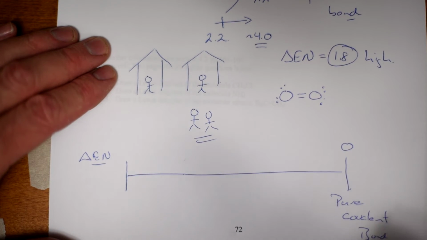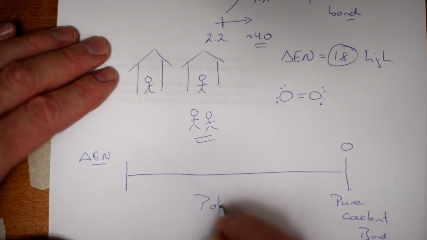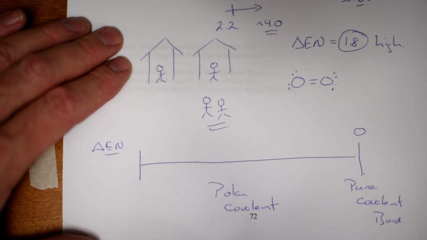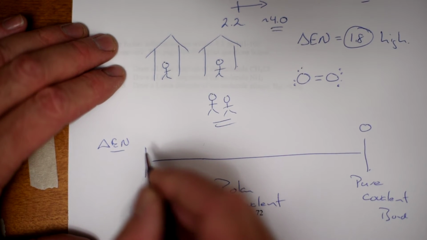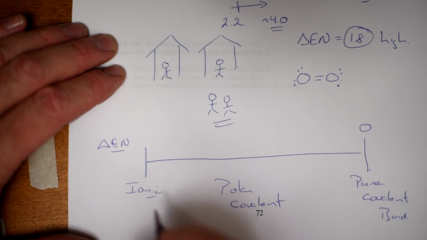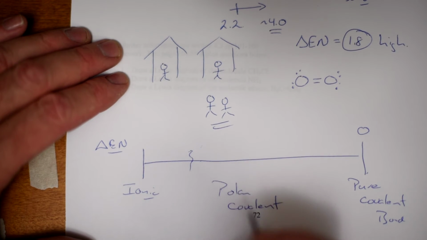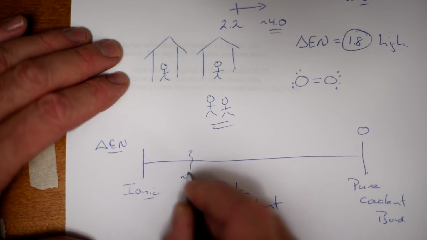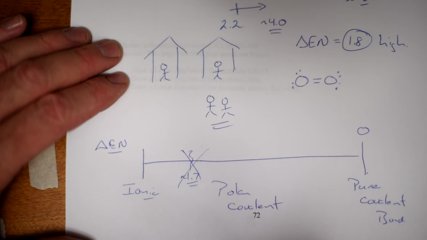Okay, and if we have a change in electronegativity, then we would have a polar covalent bond. And if we have a really big change in electronegativity, then we would have something called an ionic bond. Okay, so now some books will suggest that a change of electronegativity in the neighborhood of 1.7 is an ionic bond, but we're not going to do that.